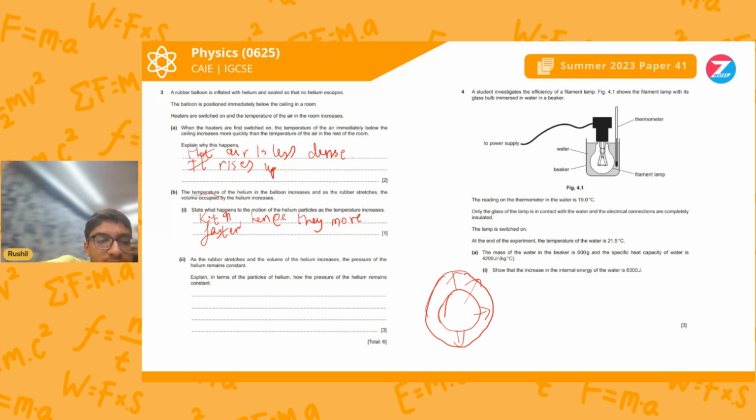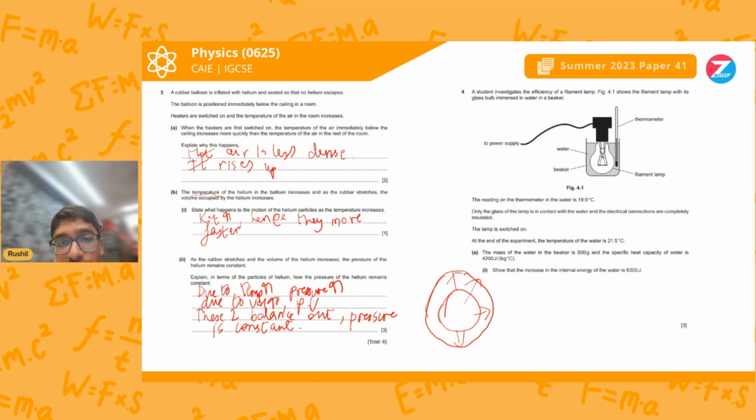So we can write it as: due to temperature increase, pressure increases. Due to volume increase, pressure decreases. These two changes balance each other out. That's why the pressure is constant.